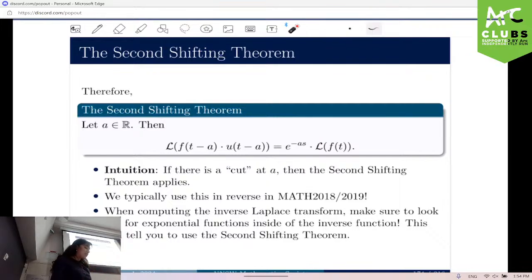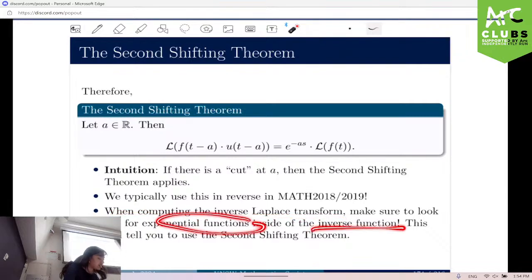Most often in our course we're going to do it in reverse, but there will still be questions that ask you to do the second shifting theorem by hand. So when computing the inverse Laplace transform, make sure to look for exponential functions inside the inverse function. That is a clue. If the inverse function has an exponent to it, then it's definitely going to be the second shifting theorem.